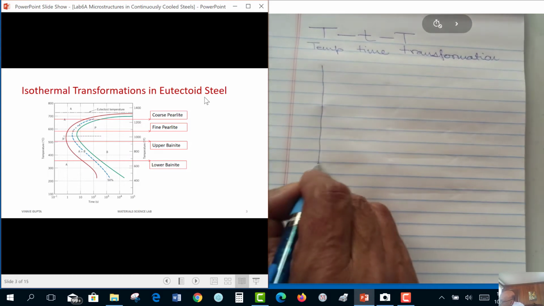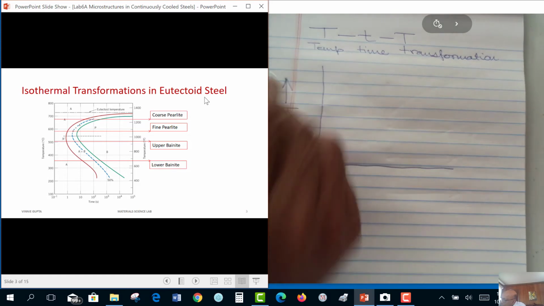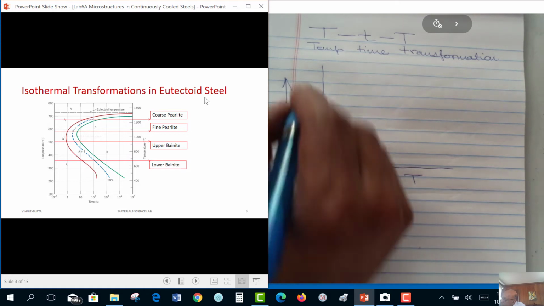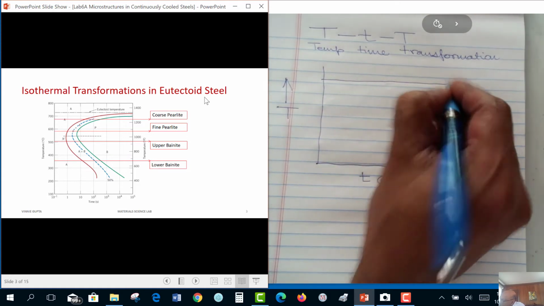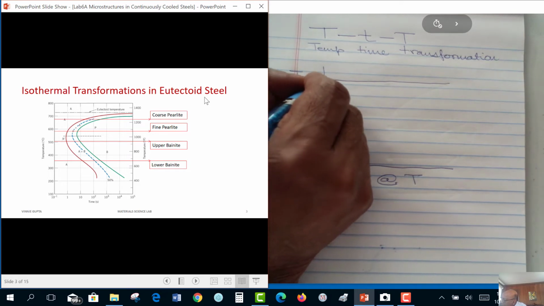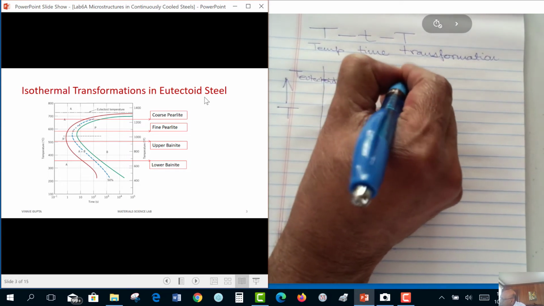So we plot this. This is temperature, and this is time at a given temperature. So obviously, this is our eutectoid temperature, 723 degrees C. Above it, we have all austenite.